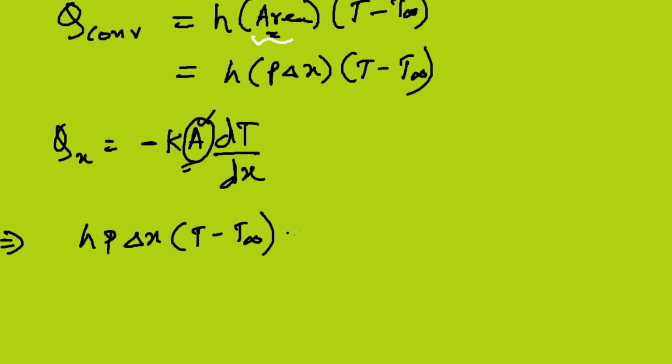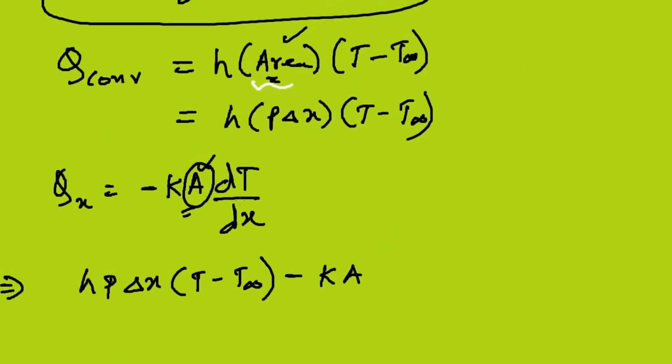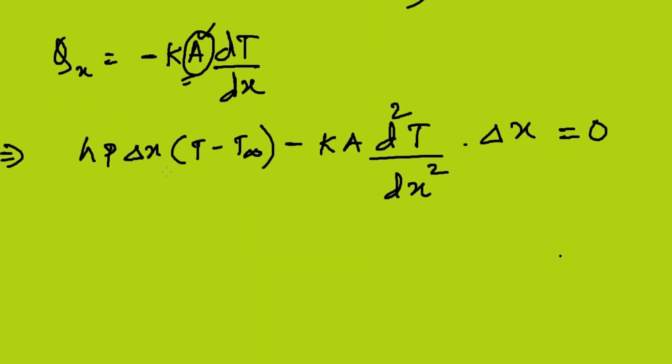So minus k will come outside, A will come outside. You can see over here d/dx of qx, so we will have d squared T by dx squared times del x equals 0. So you can clearly see that this del x can be cancelled.